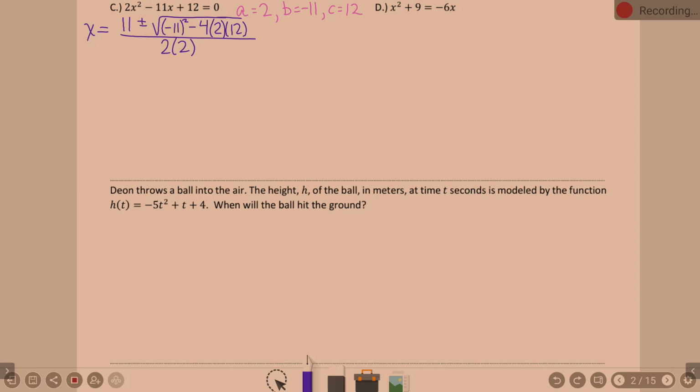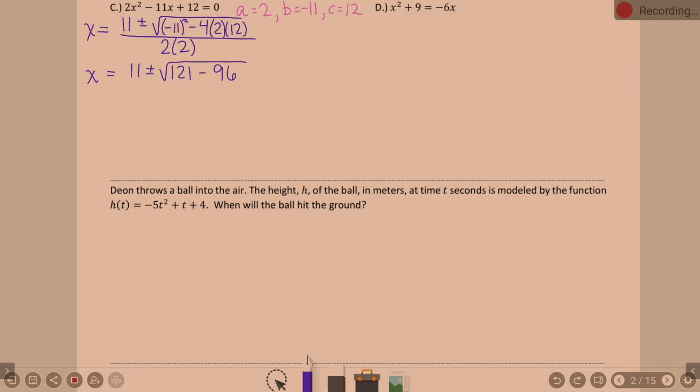I always go back to that radical and clean it up. 11 plus or minus 121. Negative 11 squared is positive 121. Minus 4 times 2 times 12 is going to be 96.